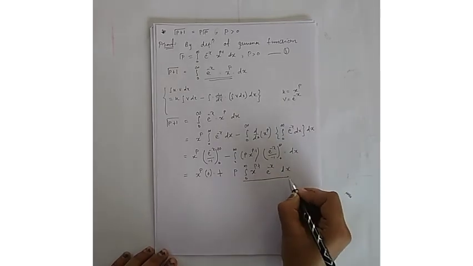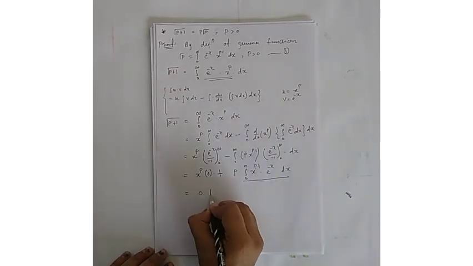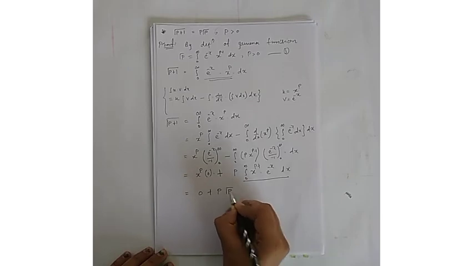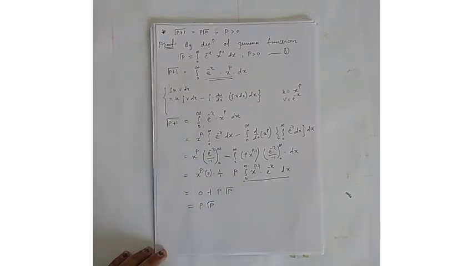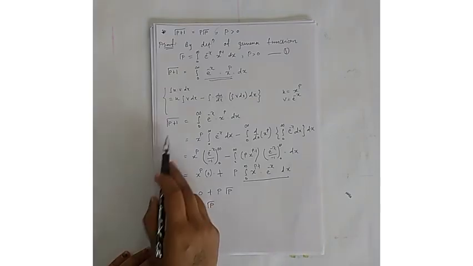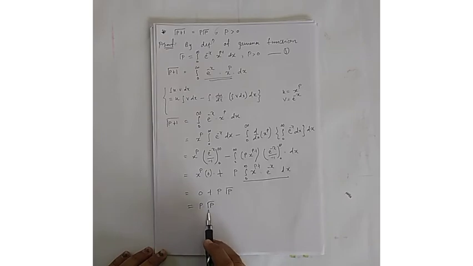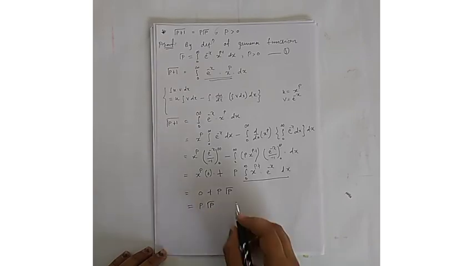This is the definition of gamma p. So 0 plus p into gamma p is equal to p into gamma p. So we have proved that gamma p plus 1 is equal to p into gamma p. This is for p greater than 0.